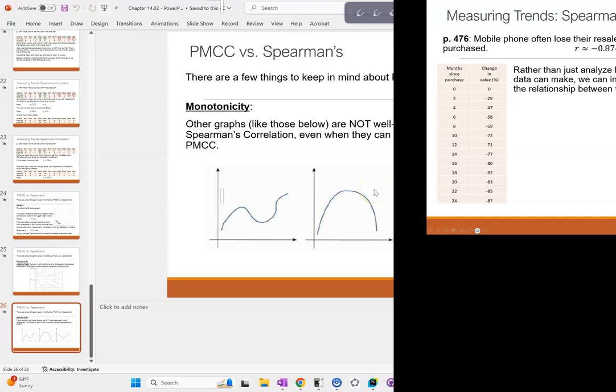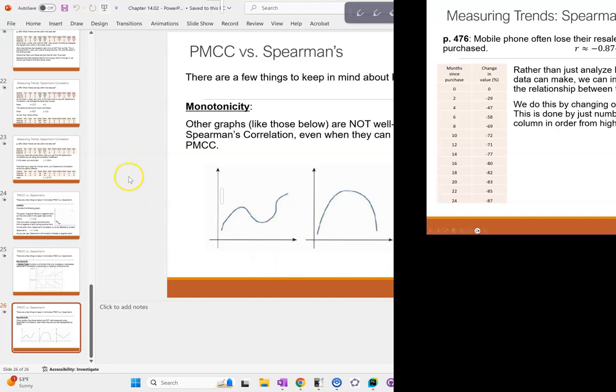However, if I just want to look at the consistency of the positive or negative relationship, the Spearman can do that really well. So to do a Spearman calculation, the first thing I want to do is change our data into rank order data. All I'm going to do is number the data for each column in order from highest to lowest.